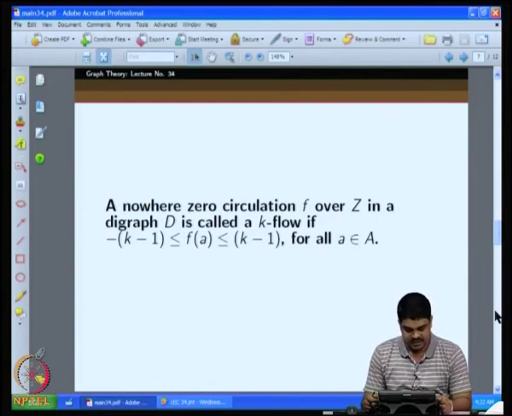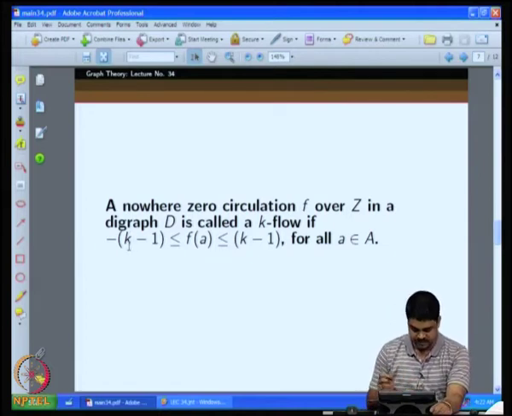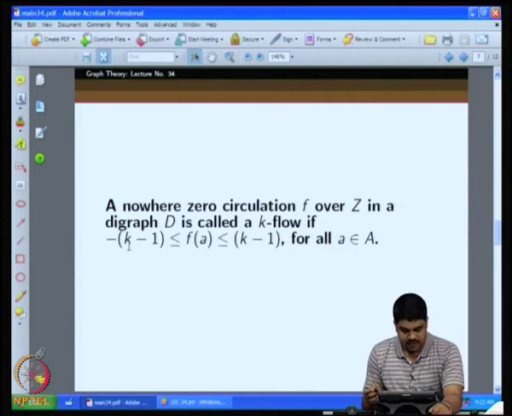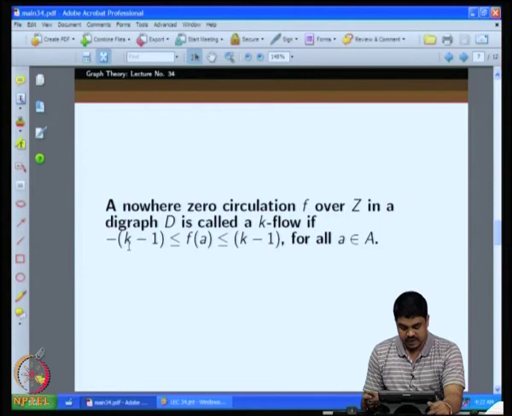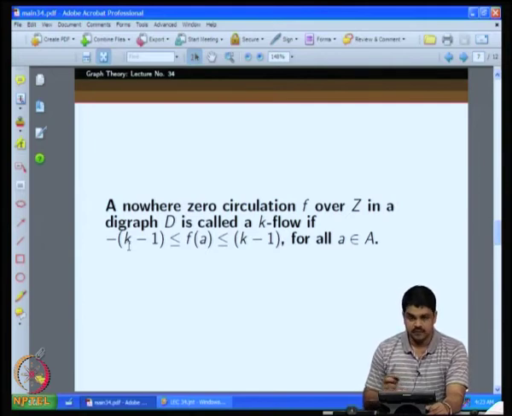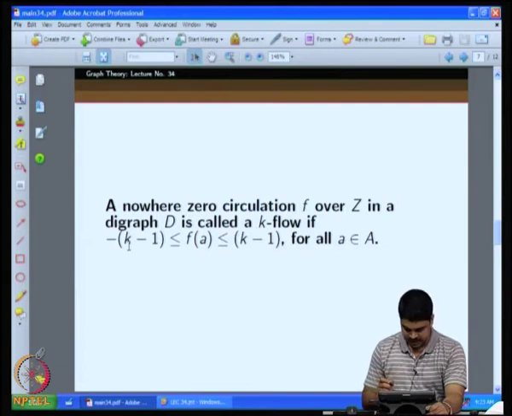Otherwise, if you put 1, it has to become 0. So, 2 onwards. Remember, this is a nowhere zero circulation. That is the first important thing. Historically it is called a k flow, though it is actually a circulation, but let us conveniently use this word k flow to denote this thing.